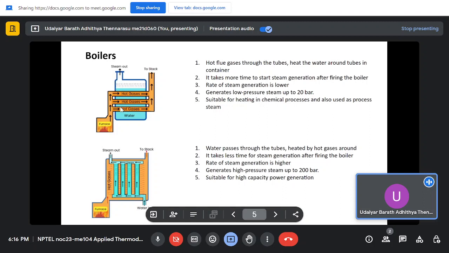If you see the first case, for a fire tube boiler, you have a furnace, and hot gas is passing through the tubes, enclosed in a shell with water inside, and because of heat transfer, your water is converting to steam and it's taken up. But in case of a water tube boiler, it's the other way around.